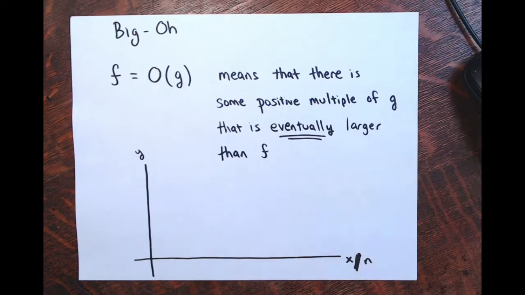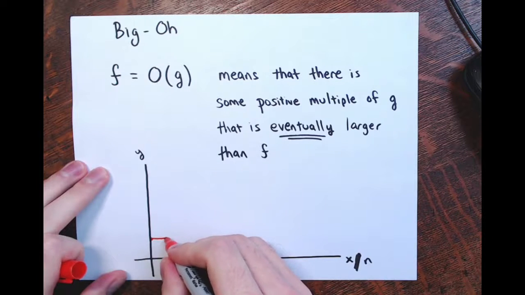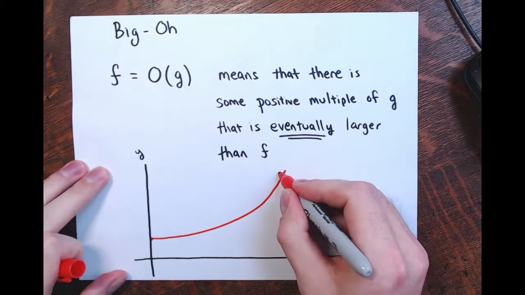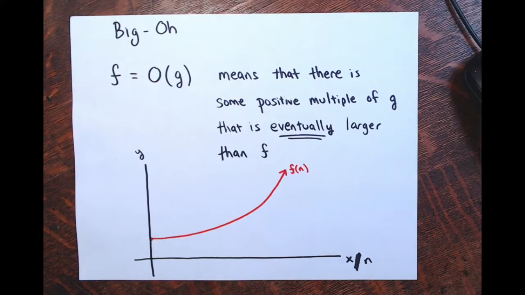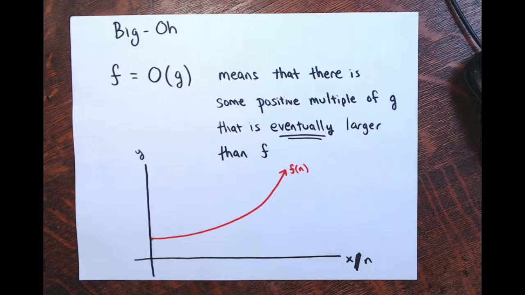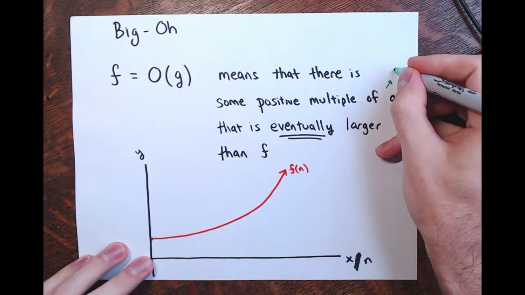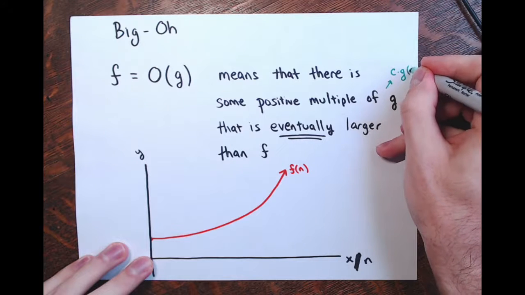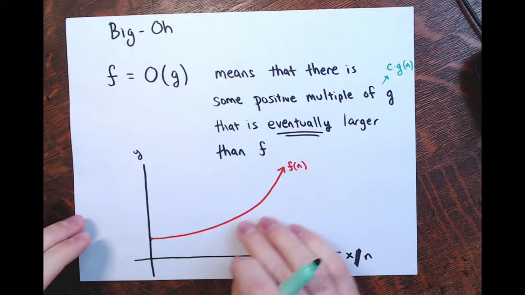So suppose here is the graph of f. Say that's the graph of f of n. If you say that f is O of g, that means that some positive multiple of g, say c times g of n, where c is positive, is eventually larger as you move to the far right.